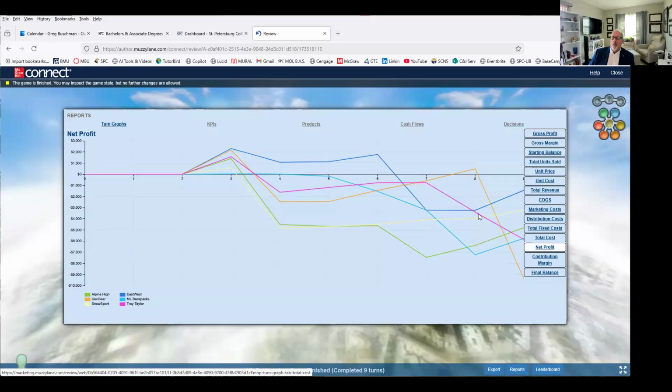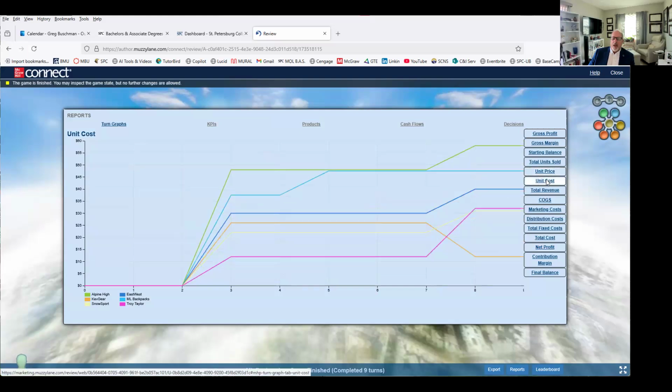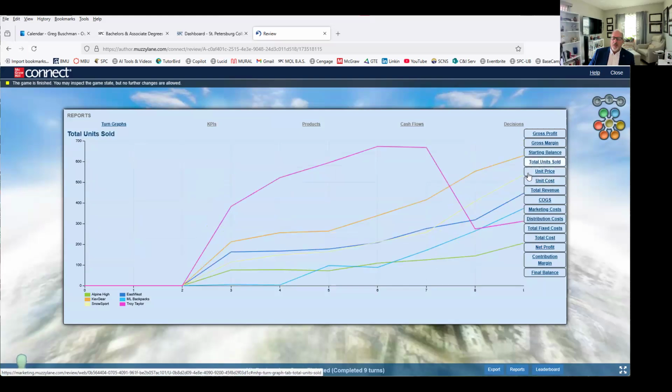They probably could have made some better choices, and hopefully, based on this video, going through how I compare my unit price, my unit cost, how many units I'm selling and that kind of stuff to your competition, you can glean some ideas and insights on how to make different decisions in your simulation.